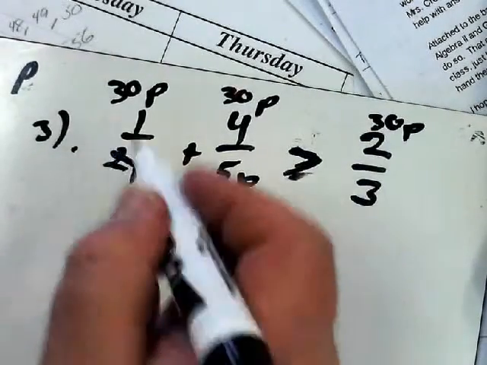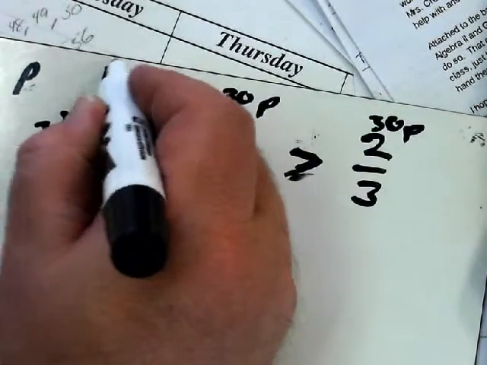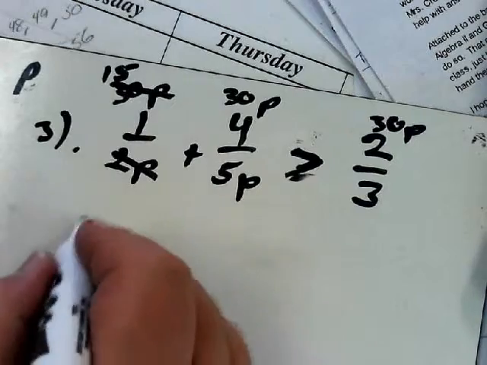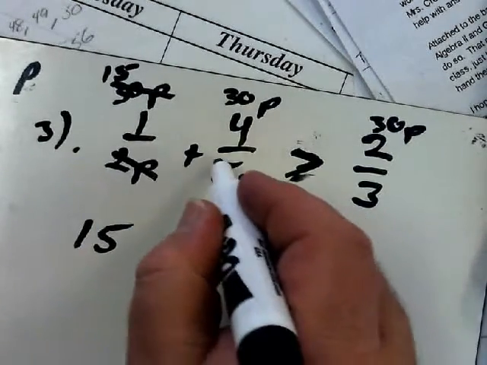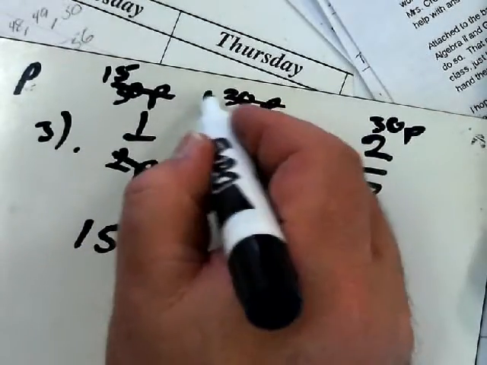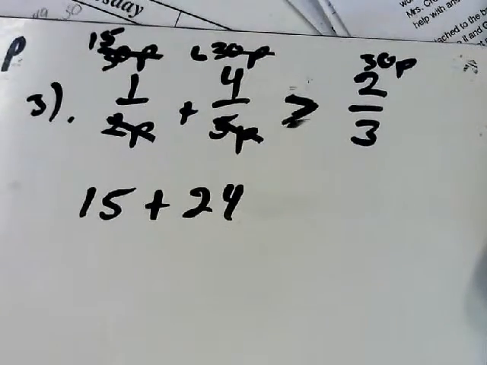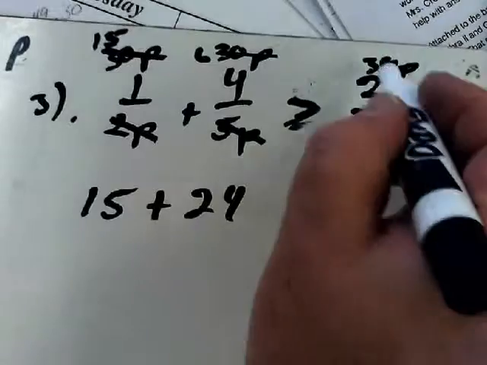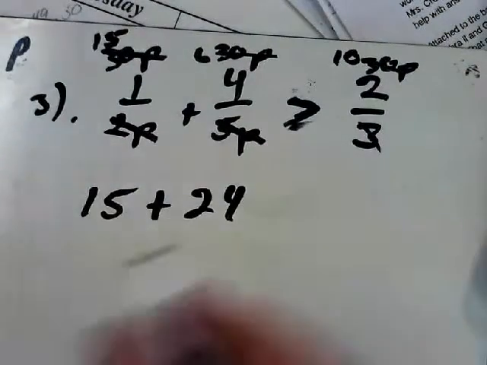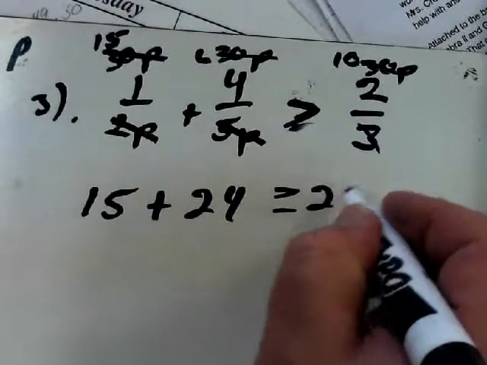Well, 2p will go into 30p 15 times. 15 times 1 is 15. 5p will go into 30p 6 times, so I'd have 24. And 3 will go into 30 10p times, which means that I'd have 20p.